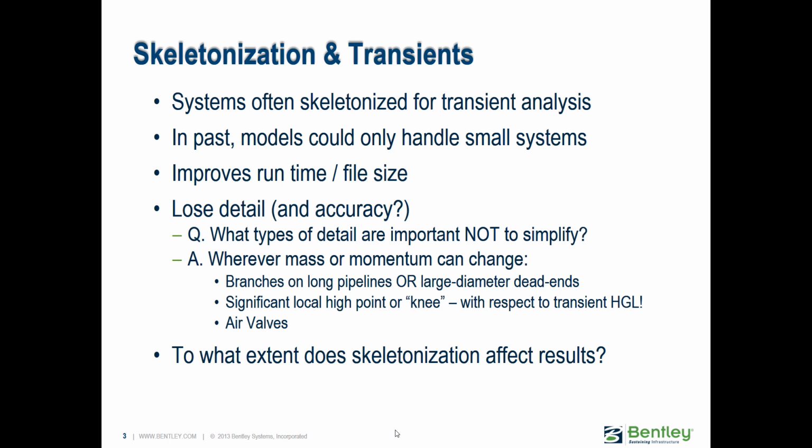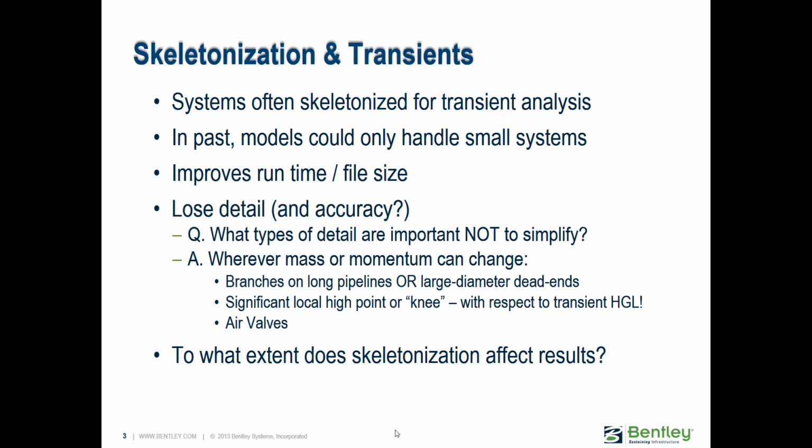So what about that loss of detail? If you're simplifying the model, is there going to be a cost in accuracy? Are you going to end up with something less accurate? What type of detail do you need to include to make sure it's accurate? You have to consider wherever mass or momentum could change; those things need to be included.